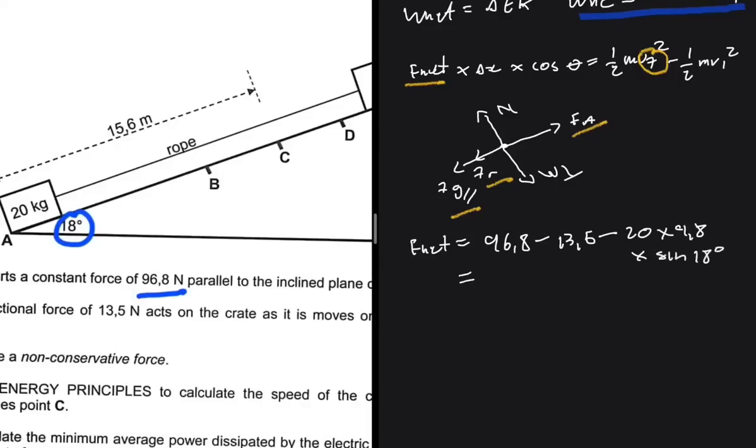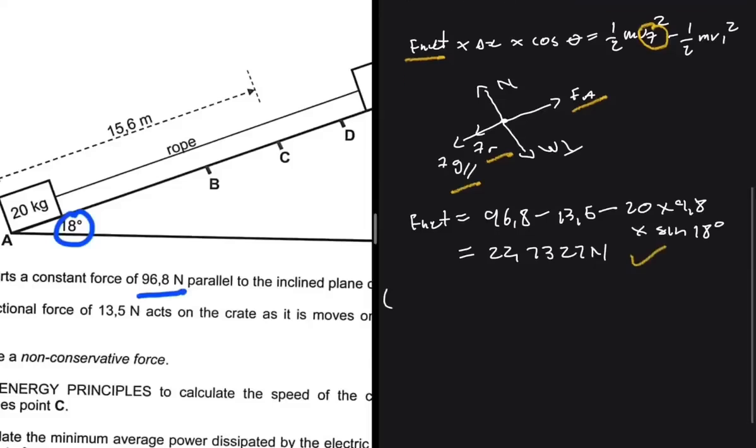If we put that in our calculator, F net should be whatever we get there. Let me do that real quick so we can see what we get. Our F net should be equal to 22.7327 newtons.